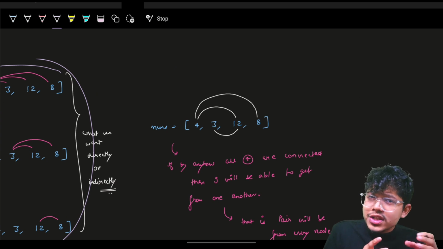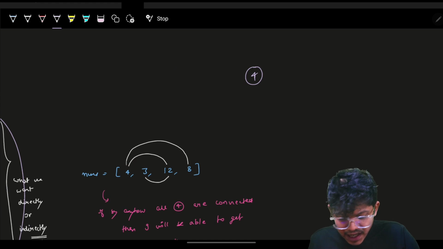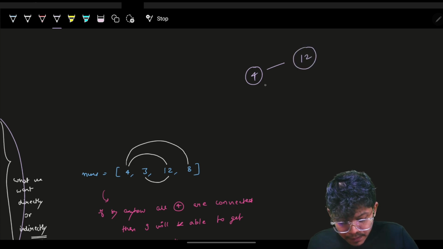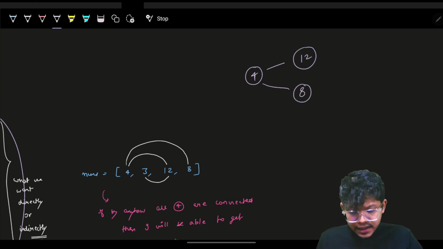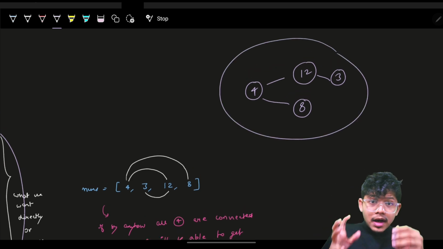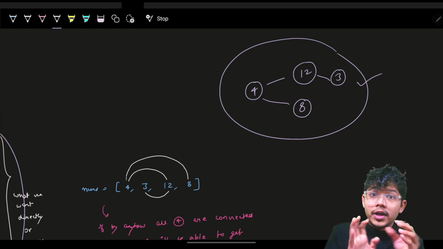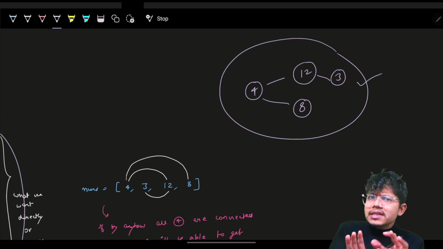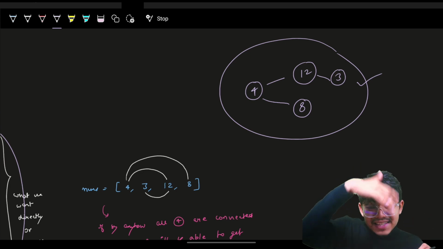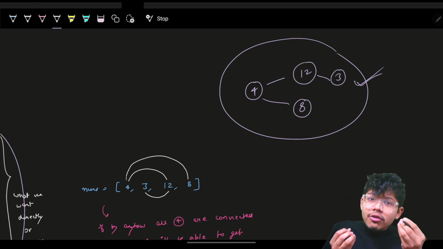Let's say I simply make the connections: my 4 is connected to 12, my 4 is connected to 8, my 3 is connected to 12. Then I can say all of them are connected to each other, because they are in one single component. So if I made the connections and after making them all of them reside inside one component, it means all of them are directly or indirectly connected to each other.